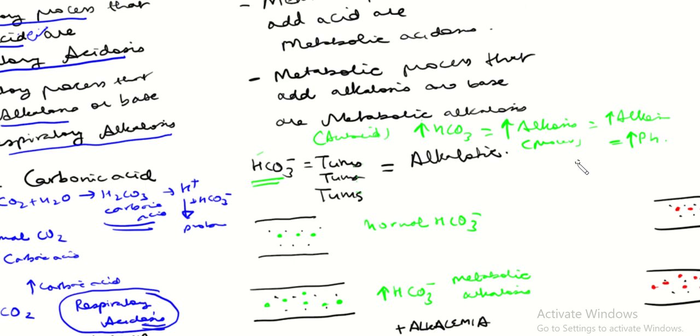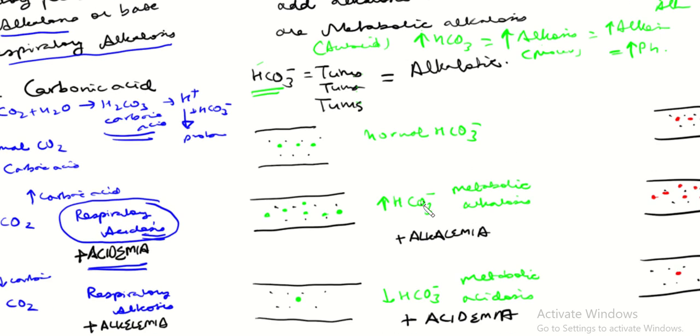Remember, if we go towards this side of the curve, we increase the pH, but we go towards the alkalemia side. Right? Okay, perfect. That's exactly what I'm showing here. High bicarb means alkalosis from the metabolic side, which is metabolic alkalosis, which adds to alkalemia.